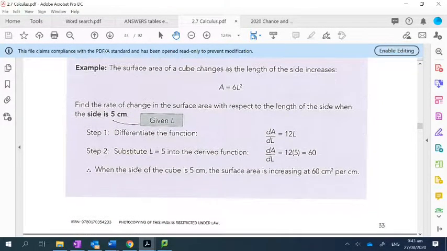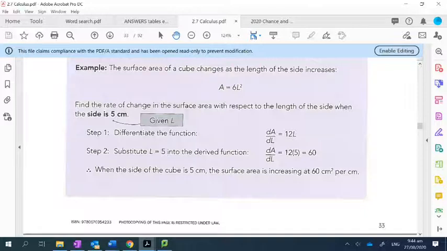Again, remember, they don't always have to give you x and y. So the surface area of a cube changes as the length of the side increases. That makes sense, right? If you increase the length of the side of a cube, then the surface area is also going to increase. That makes perfect sense. Well, we want to find out by how much. So that is a rate of change.